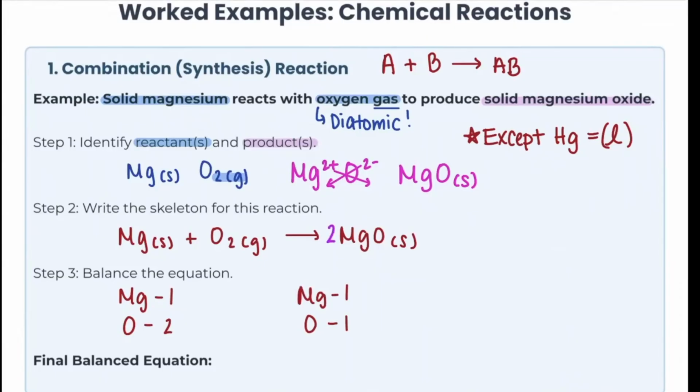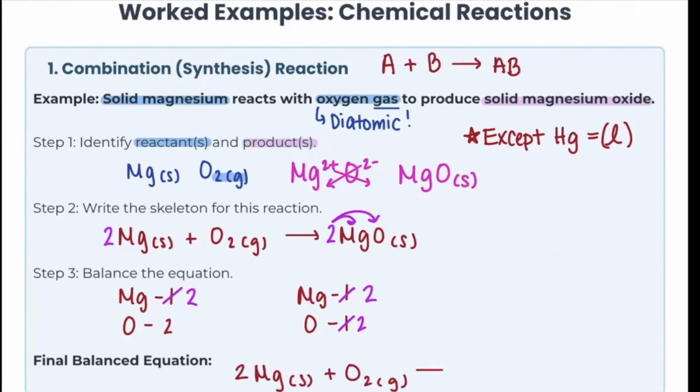And that 2 will distribute to the O, but it'll also distribute to the Mg. So now that we have 2 Mgs on the right, we have to make that balance with the left because it's off. So if we add a 2 in front of the Mg on the left side, now our balanced equation reads 2 Mg reacts with O2 to produce 2 MgO.